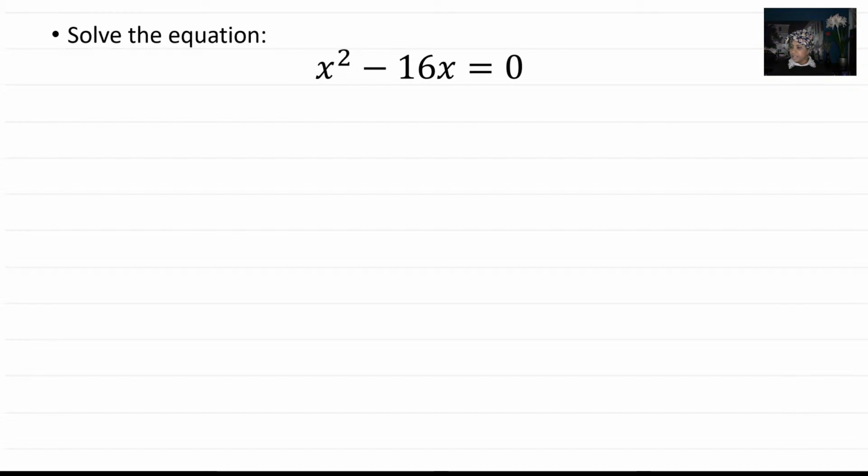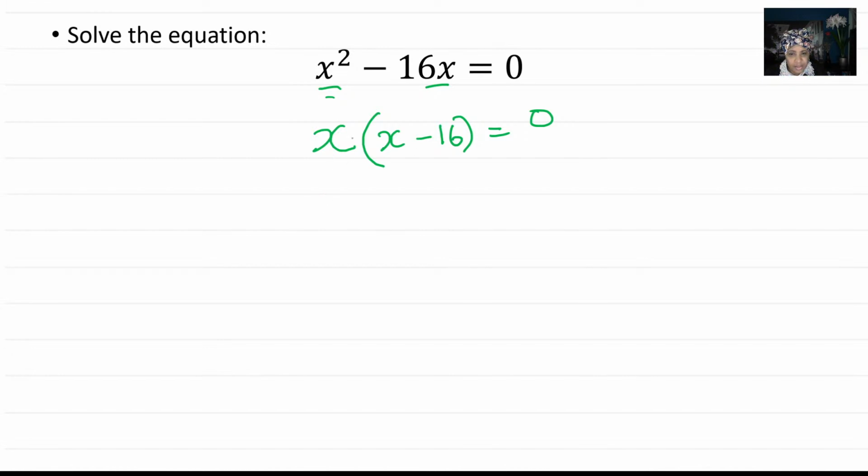Right, this one can look a little bit tricky sometimes, so you need to factorize. Okay, you need to put x outside here. We don't have a constant, and just open a bracket, and x minus 16 equals to 0. Okay, thank you, Mohammed and Ali.